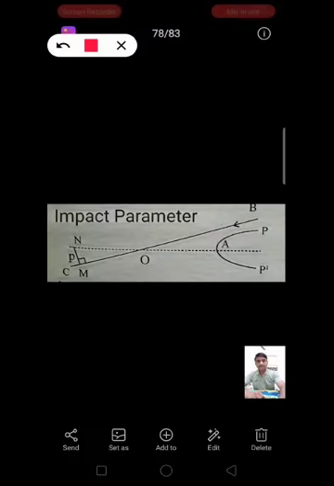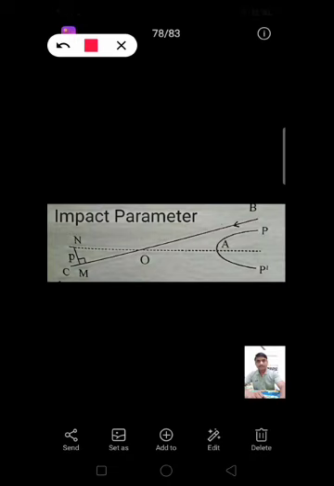The nucleus is positive in nature and the alpha particle is also positive in nature. As the alpha particle approaches the nucleus, it traverses a parabolic path because of the Coulombic repulsive force.